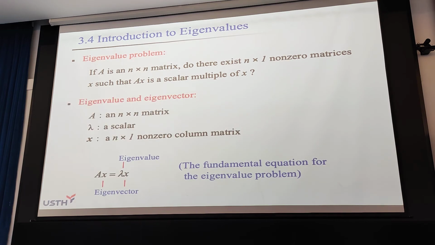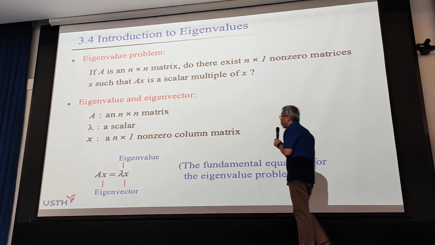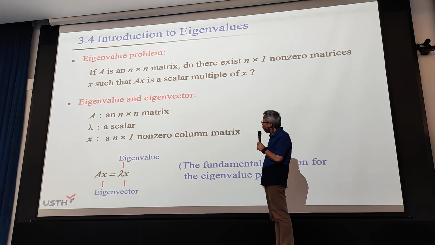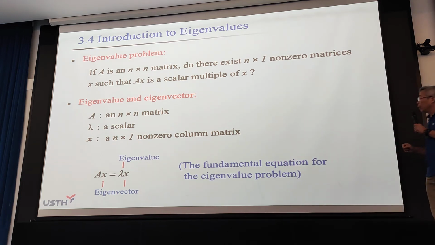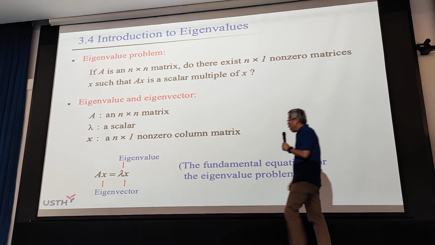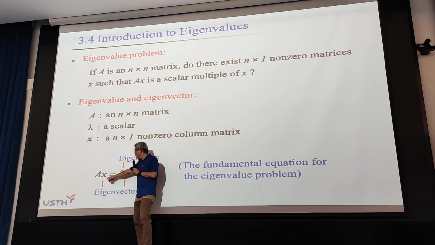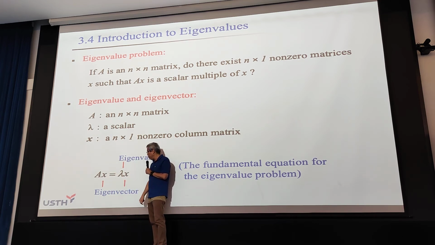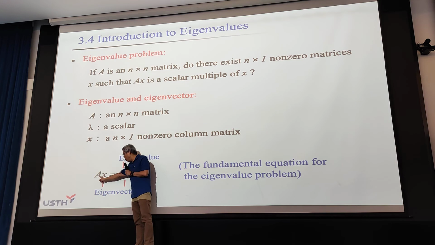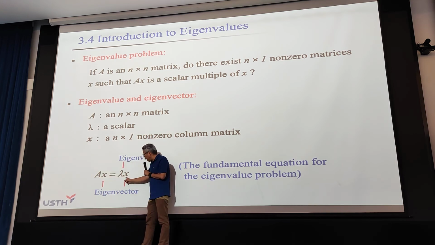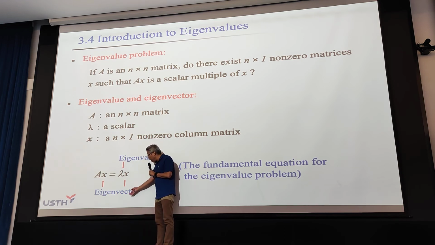That is here. Now if we write it in a formula, the first one is just a phrase. Now suppose that A is an n by n matrix, and lambda is a number, a scalar. And suppose that x is a column which is not zero. If Ax equals lambda times x, then the number lambda will become the eigenvalue of A. And the vector x, the column x here, is named the eigenvector.